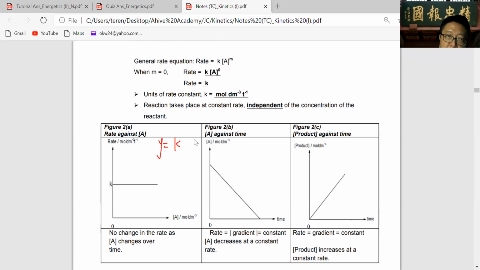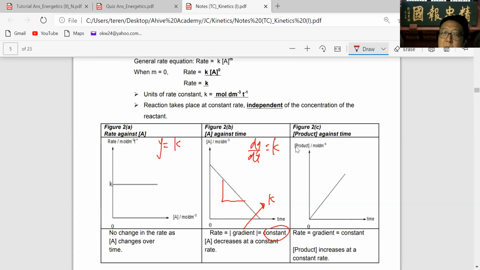Then if you plot concentration against time, it is a constant gradient. No change. k is a constant. The gradient is just k. k is always a constant, so therefore you will have your rate as a constant. dy/dt equals k all the time.